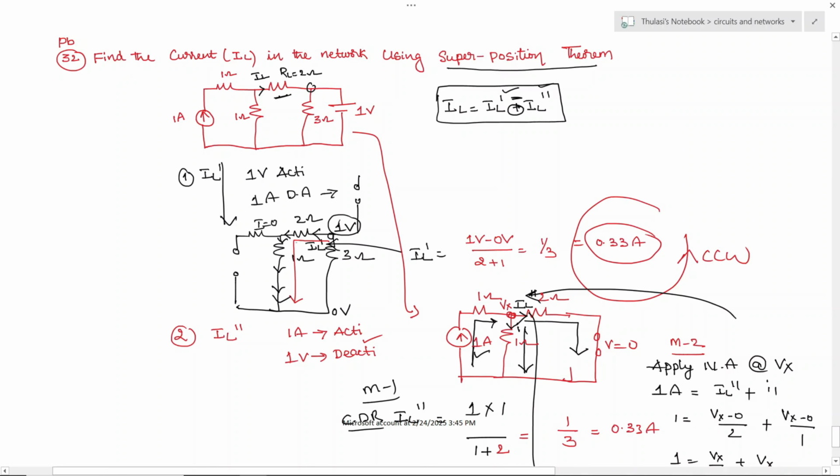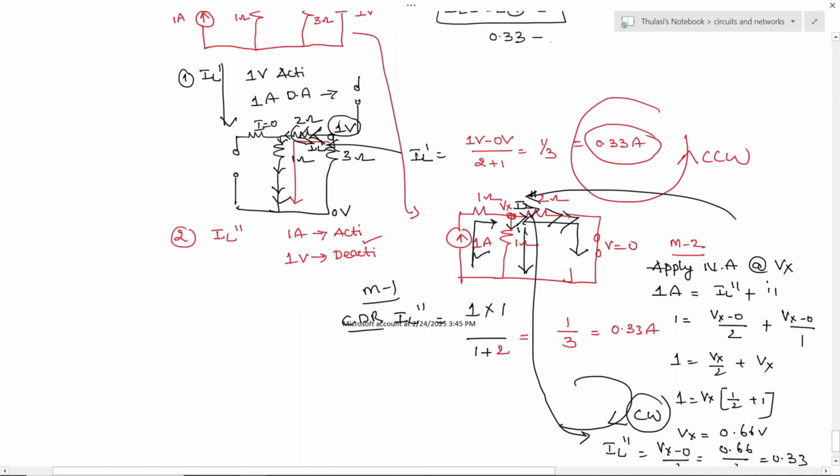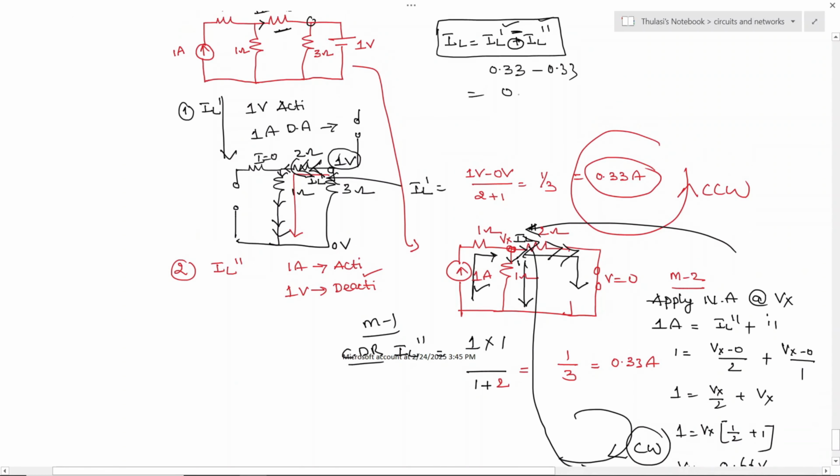In this source you can see it is flowing in this direction, but in the other source it is flowing in this direction. Therefore, IL is 0.33 minus 0.33. So the total load current is 0 amperes.